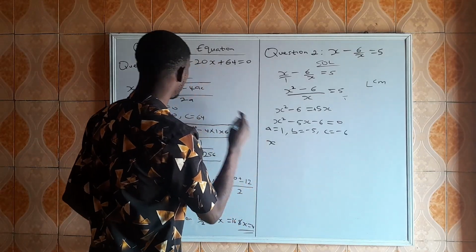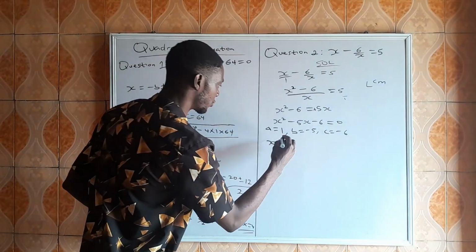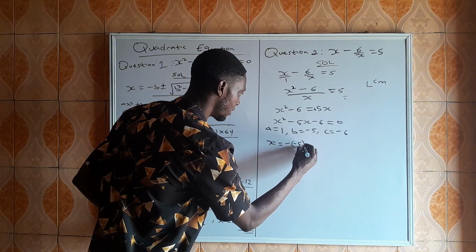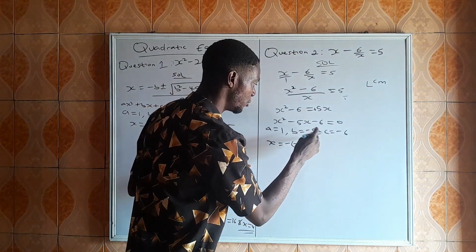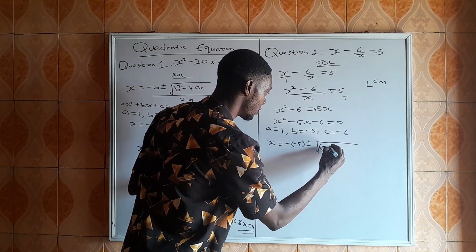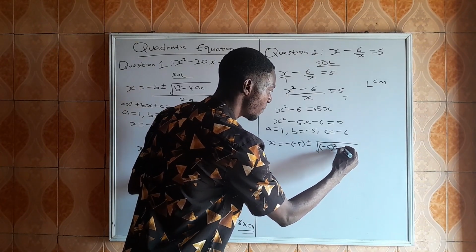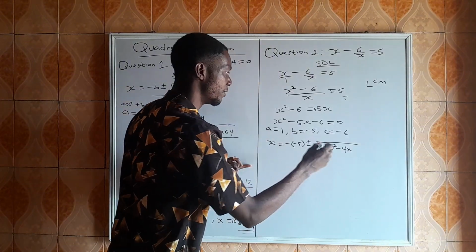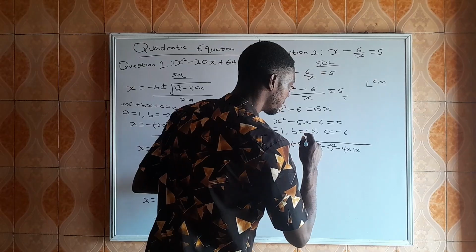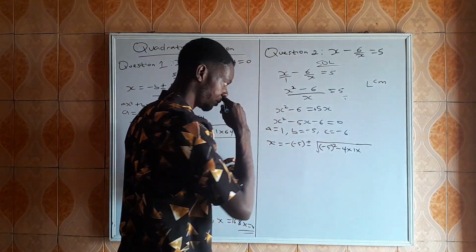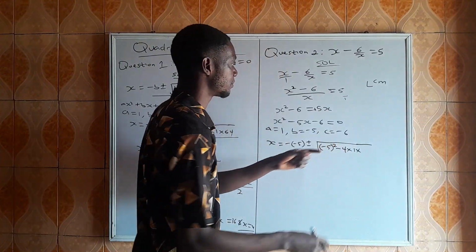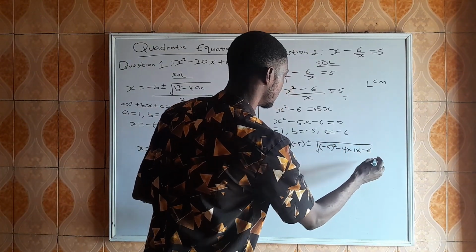So we have your s. I'll apply this in the formula here. So you have s to be minus b, that means you have minus of minus 5, since your b is minus 5, plus or minus the square root of b squared. Your b squared is minus 5 squared, minus 4 multiplied by a, your a value is 1, and multiplied by c, which is minus 6.